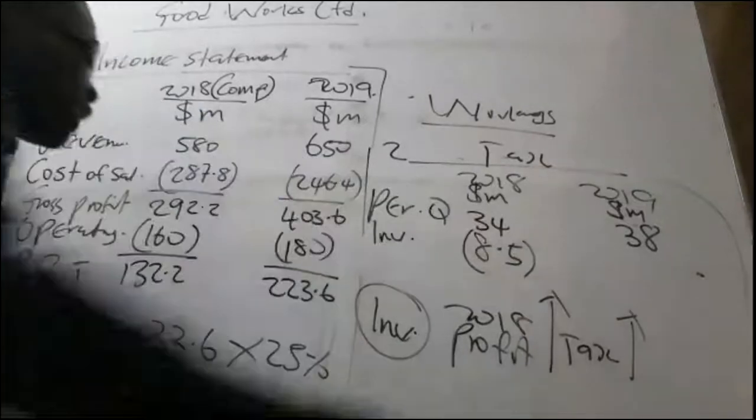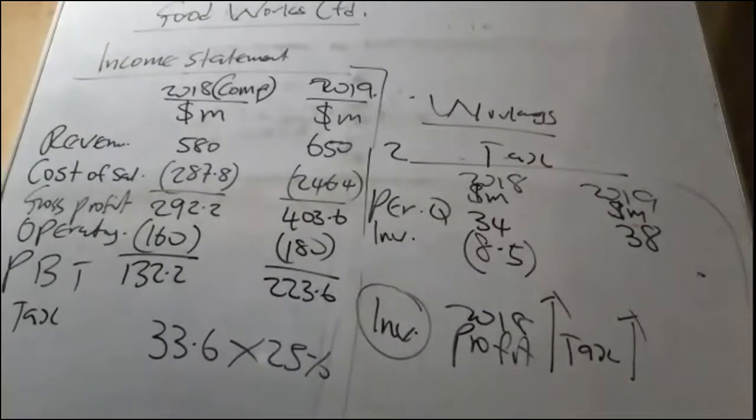In 2019, it was opening inventory. So opening inventory was more than it's supposed to be, which causes overstatement in the cost of sales. So the cost of sales was overstated. So what happened to the profit and then the tax?